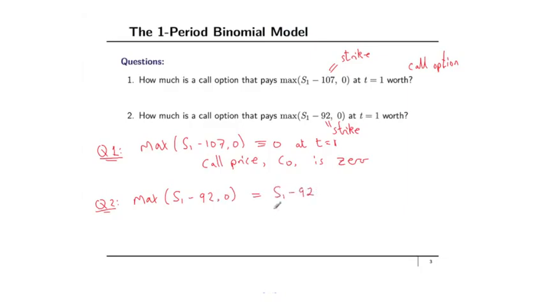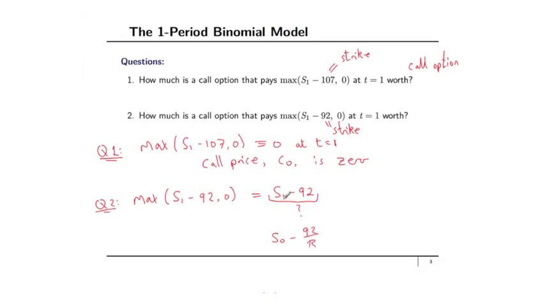And that is because the stock price at time 1 is always greater than or equal to 92, so the max will always occur at S1 minus 92. So if I'm going to get S1 minus 92 at time t equals 1, how much is this payoff worth today at time 0? Well, linear pricing tells me it must be worth S0 minus 92 over R.